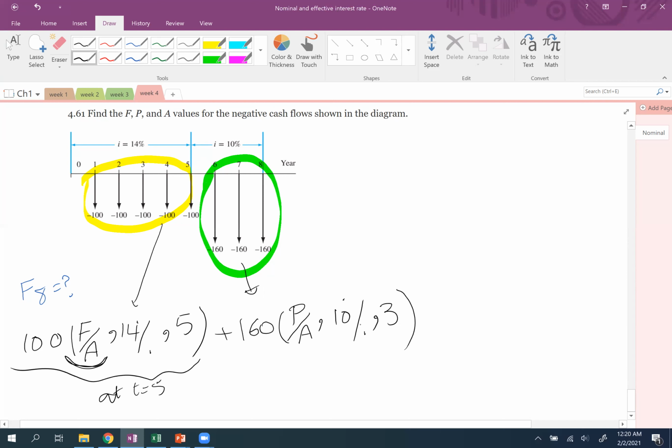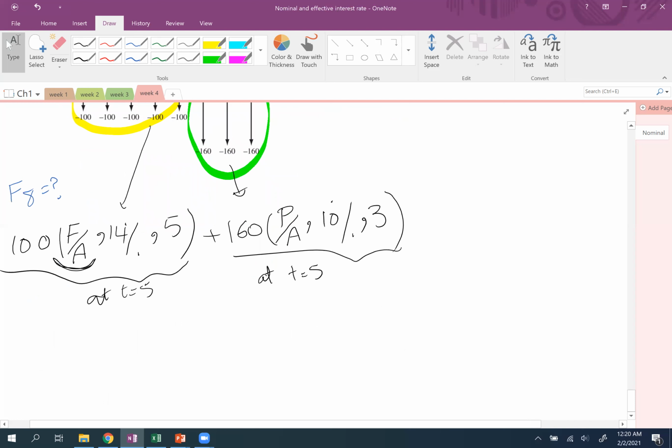And again, we talked about it before, and we said P given A will shift you one period before the first A. So at this point, you're at time equal to 5. So assume that you have a single cash flow at time 5. Now, let's say if I want to shift it, for example, to time equal to 0, it's very easy.